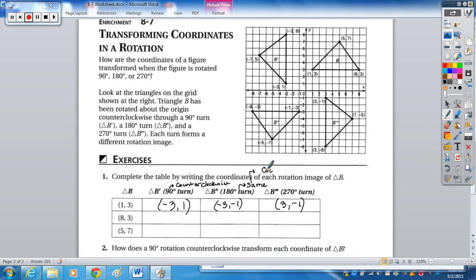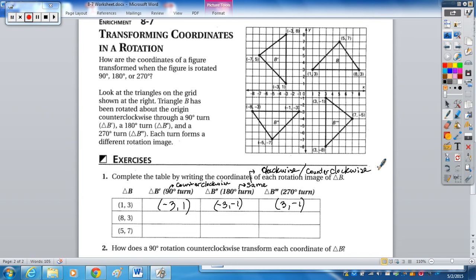Clockwise versus counterclockwise. Those will always be the same for 180 degrees. Either way, you end up at the same spot.